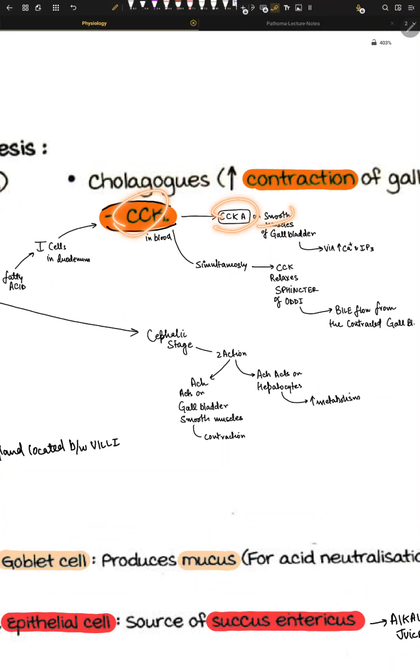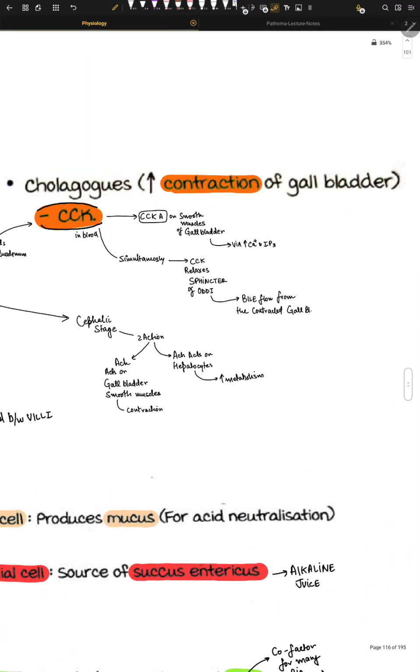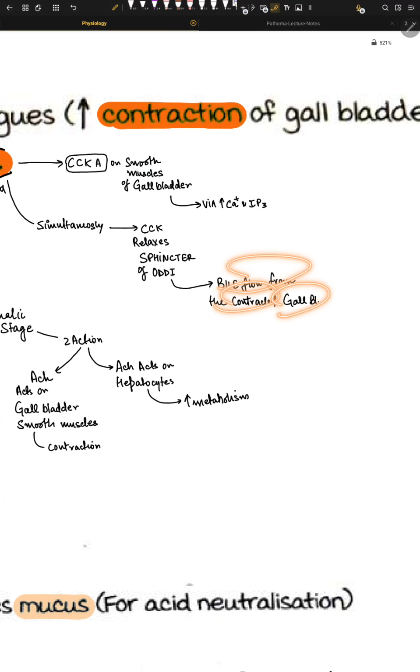CCK goes to CCKA on the gallbladder smooth muscle, and via calcium and IP3 we have more bile released. Simultaneously, CCK relaxes the sphincter of Oddi, right? And we know the sphincter of Oddi needs to relax so that bile flows from the contracted gallbladder.